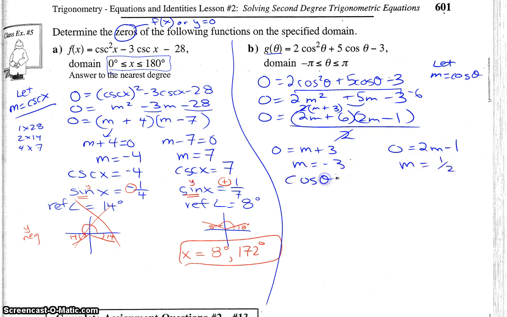Okay, let's put cos theta back in to both. Now to this one, cos theta equals -3. So you probably don't recognize this. You can try it on the calculator if you like by going reference angle equals the inverse cos of 3, but it doesn't really matter because you're going to get an error, right?